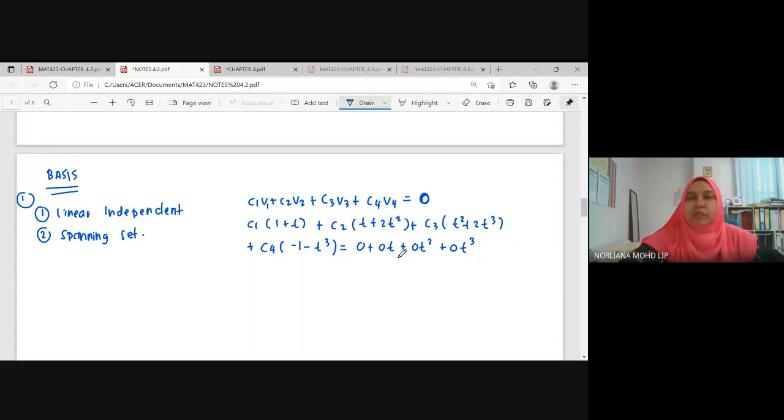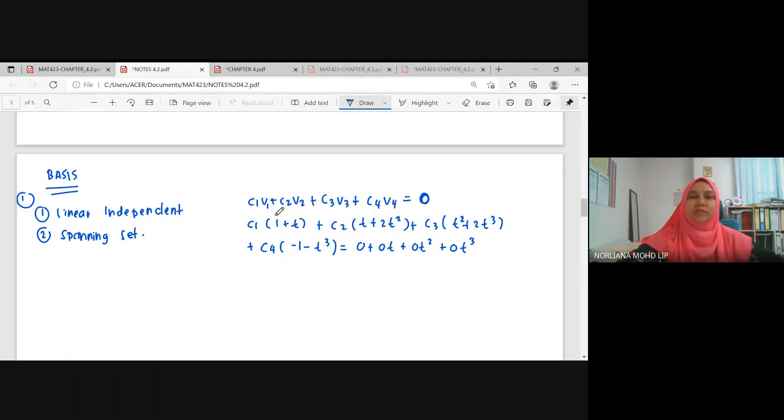Susunan dia ni, susunan awak perlu ikut daripada constant ke degree 1, degree 2 and degree 3 kan. Jadi kat sini perlu ikutlah susunan dia. Betul tak? Kena ikut susunan vektor ni. Susunan degree dia.